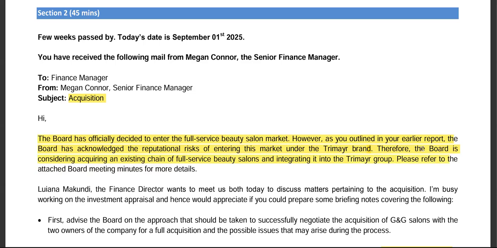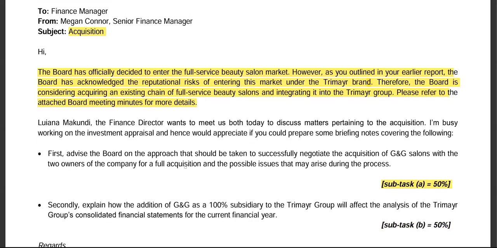Please refer to the attached board meeting minutes for more details. And we are further told that the finance director wants to meet both of us to discuss matters pertaining to the acquisition. And we are being required to prepare some briefing notes covering the two subtasks.